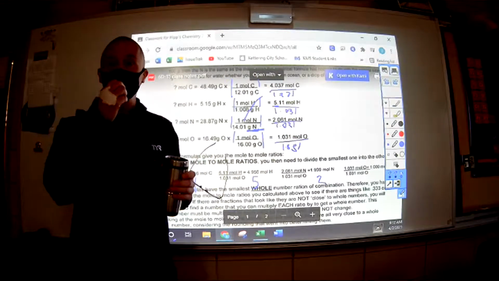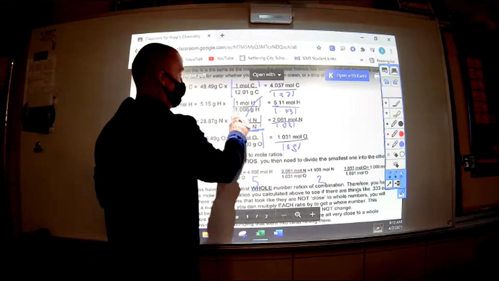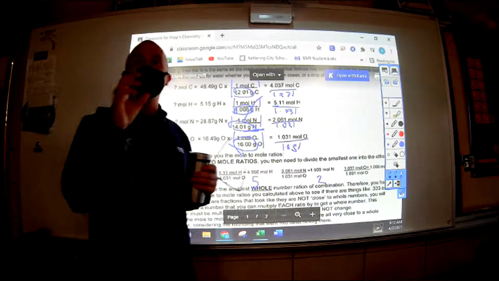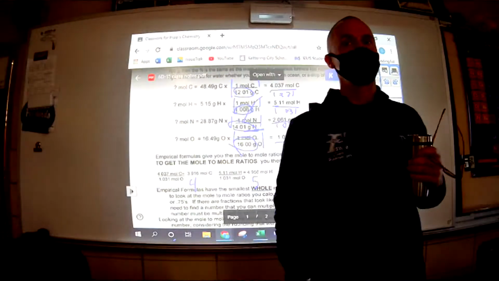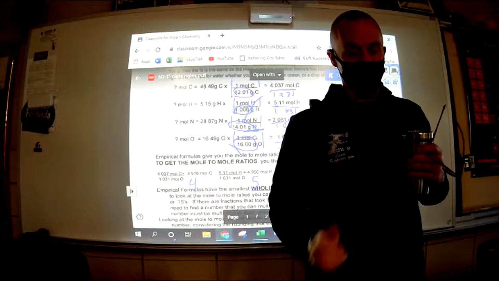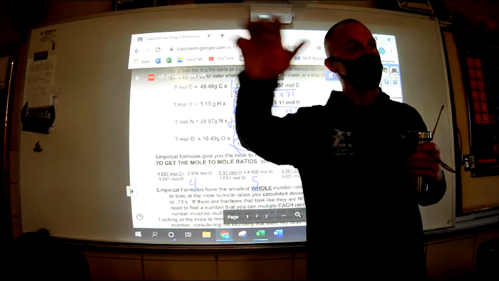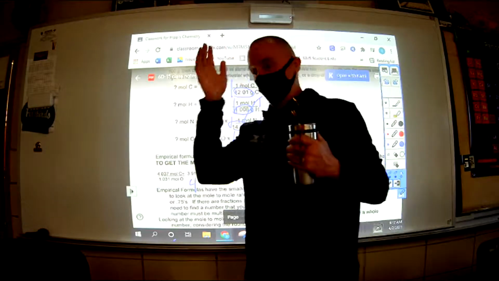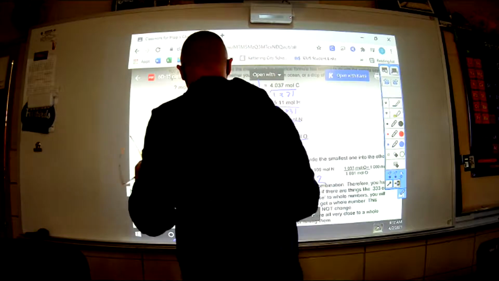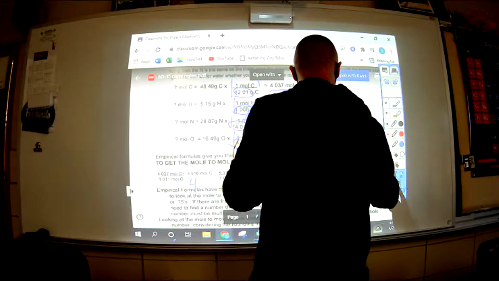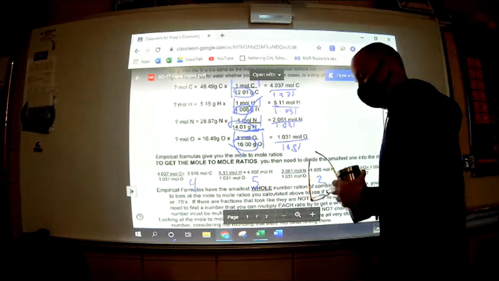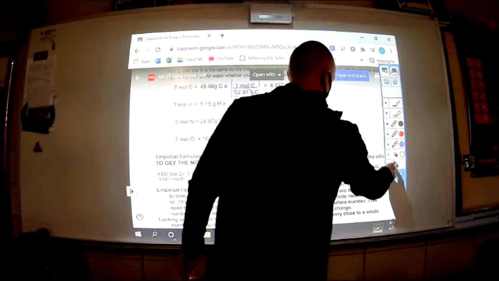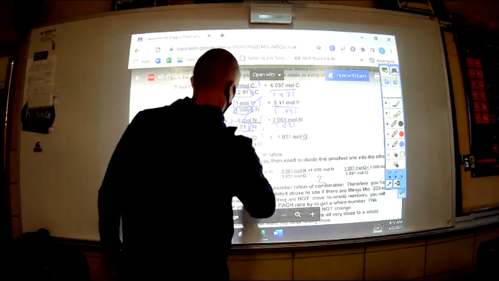First of all, we used numbers from the periodic table. These numbers are rounded. Secondly, when we do actual calculations, the numbers are rounded. When you put something on a balance, it's not going out to the gazillionth place. It's rounding. So none of the measurements are going to be exact either. So don't let it surprise you if the numbers are not working out perfectly.